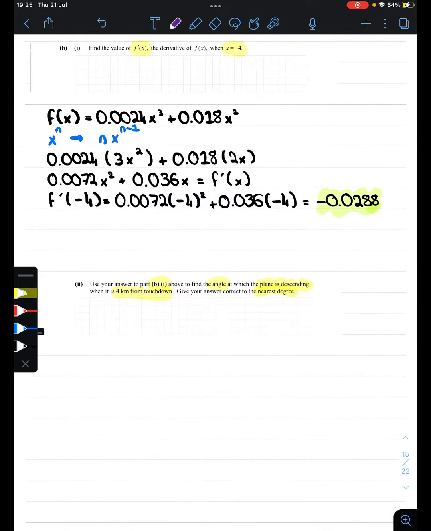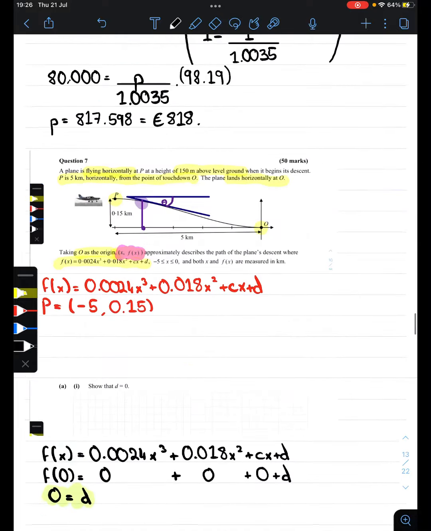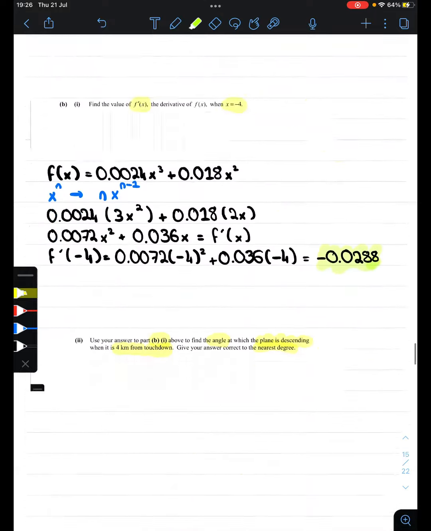And we know that we have to use the first part of B to find this. So what do we know? Well, we have the derivative from the first part, and the derivative is the slope of that line.